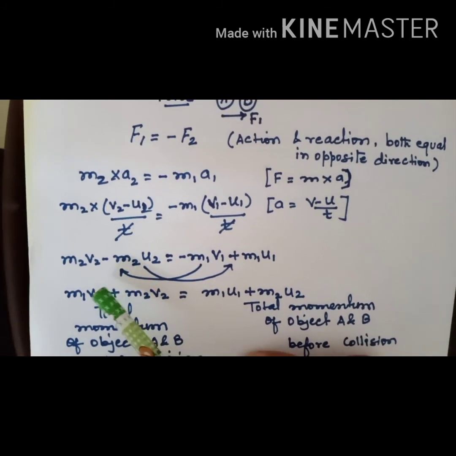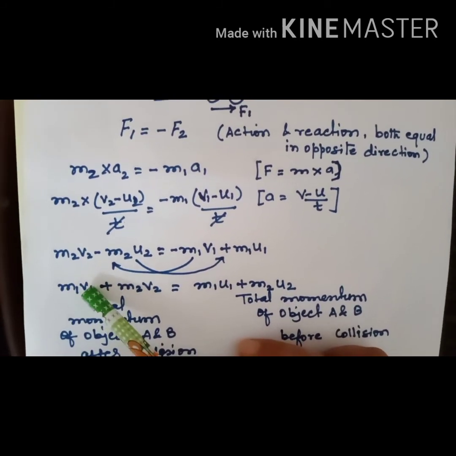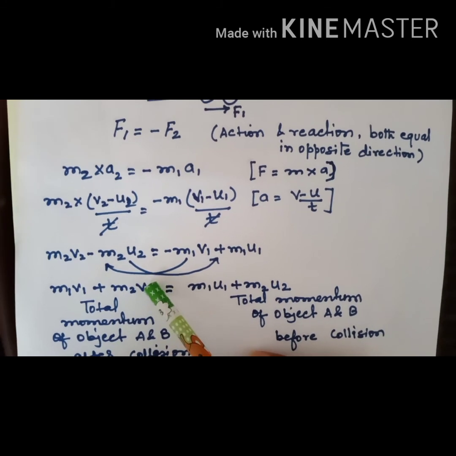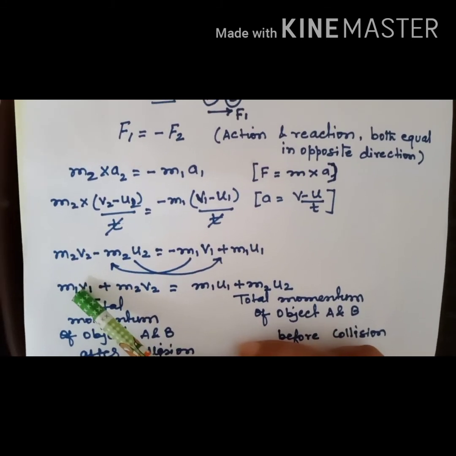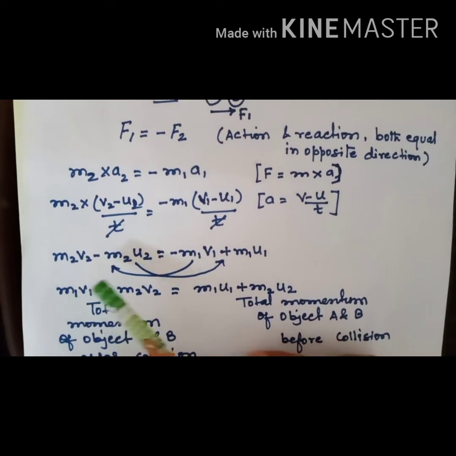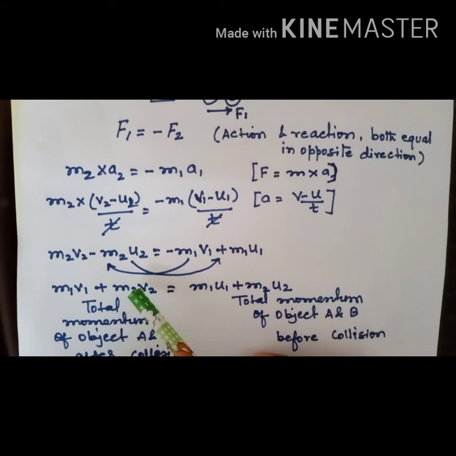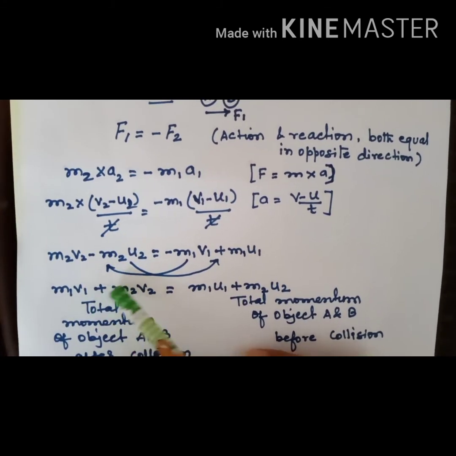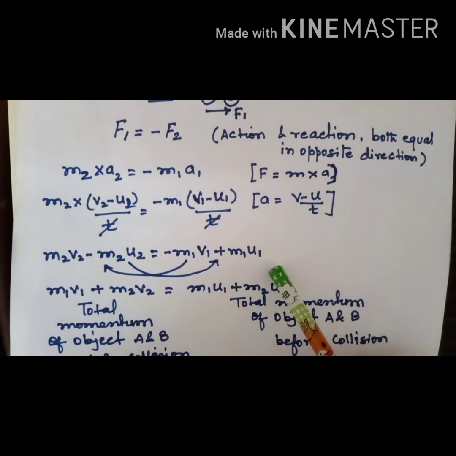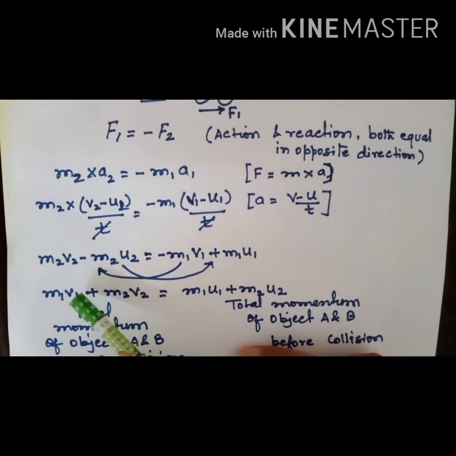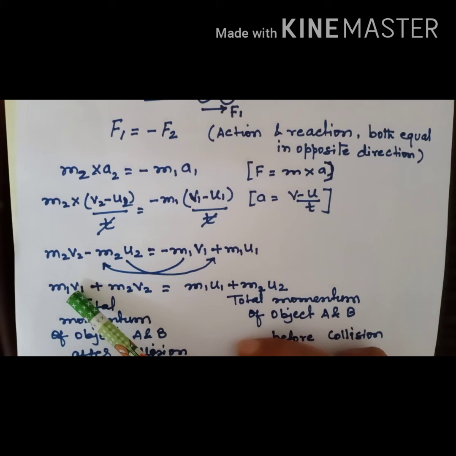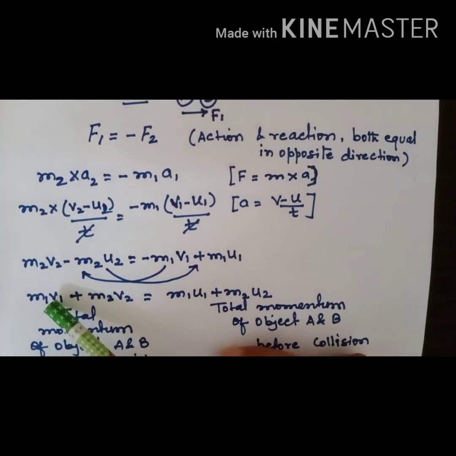Now if you understand, this is mass into velocity of object A, mass into velocity of object B. This is after collision and this is before collision. This is momentum, right? Because mass into velocity is what? Momentum.